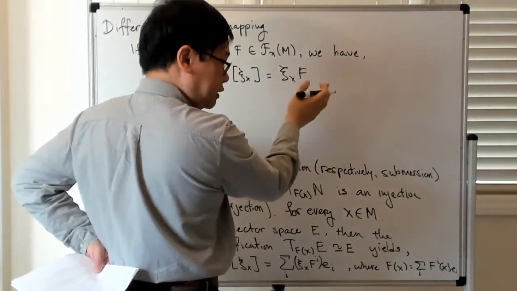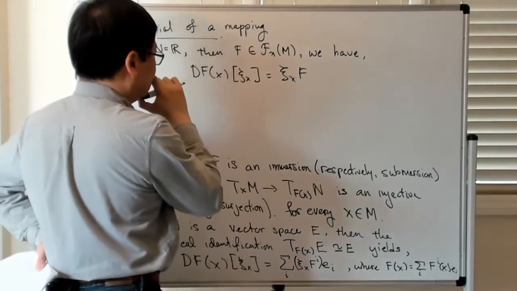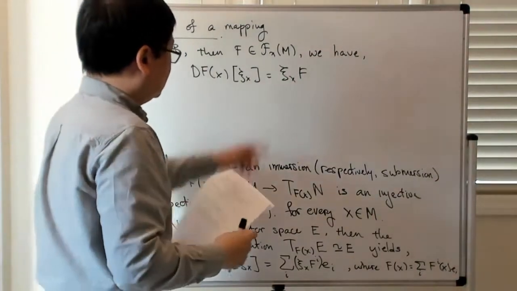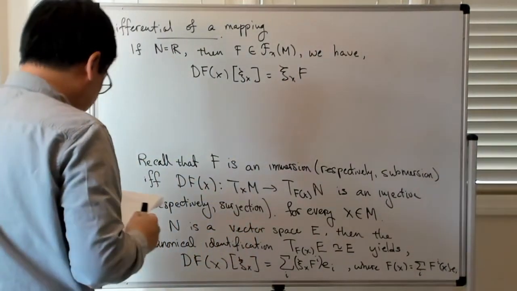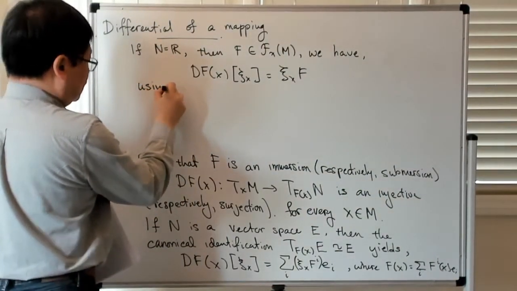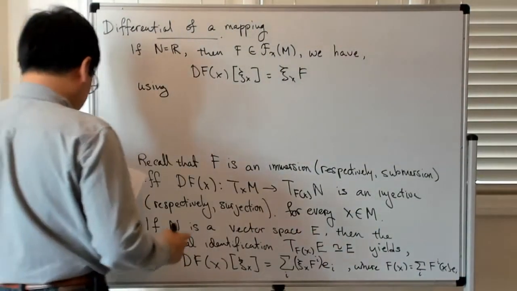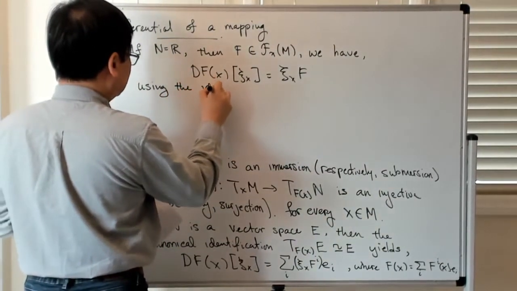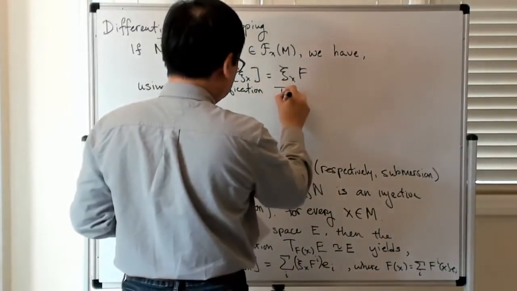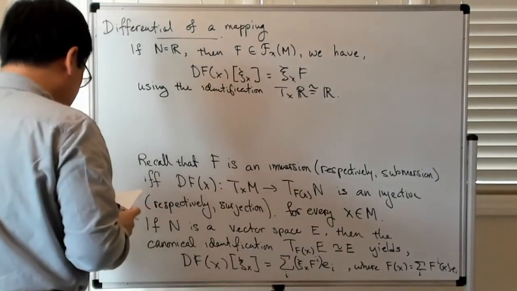So this is a vector acting on a scalar valued function. What this suggests is that you can rewrite this action in terms of the differential. Again, you use the identification between the tangent space at x to the reals with the reals.